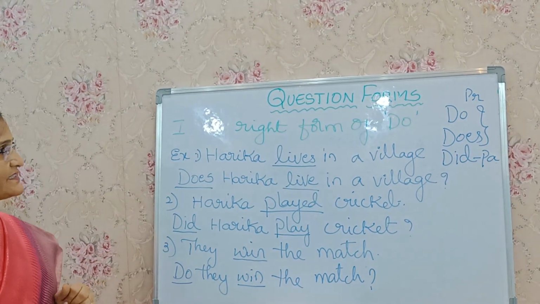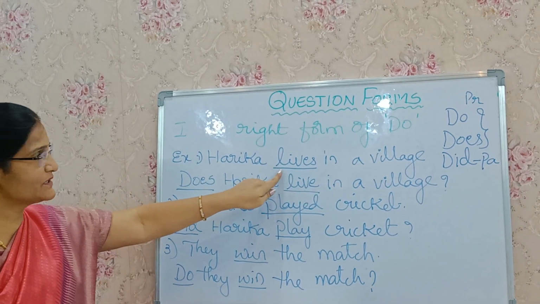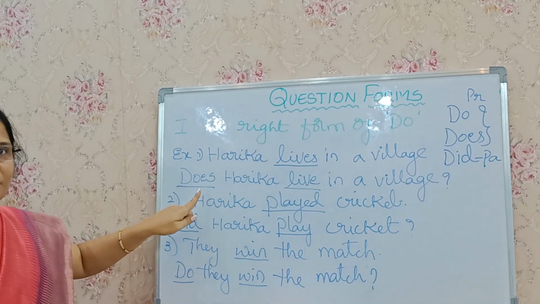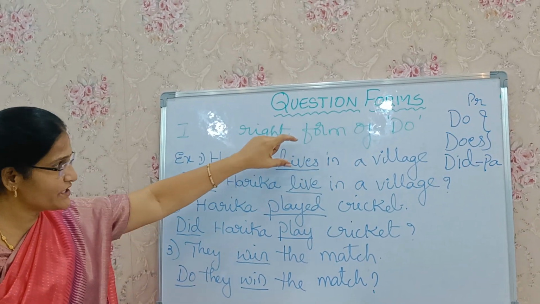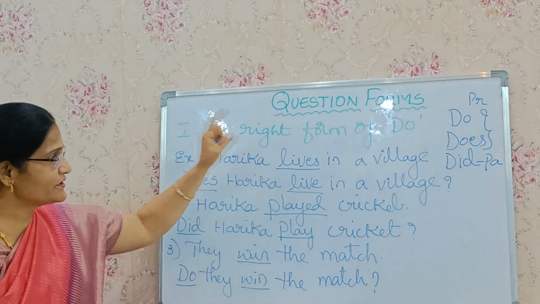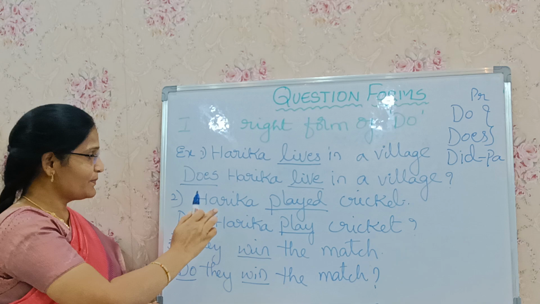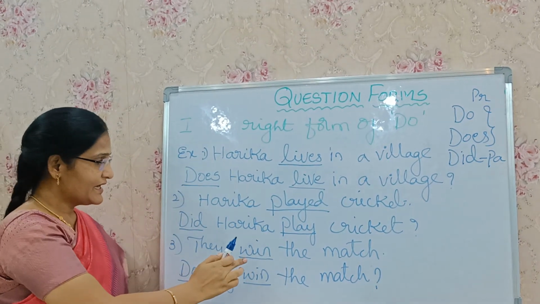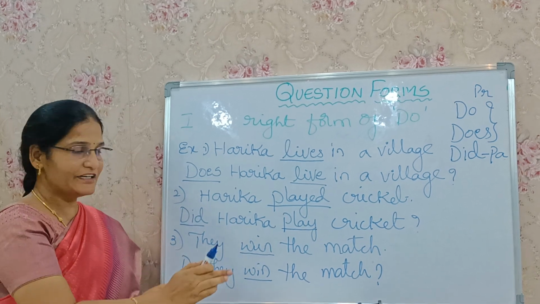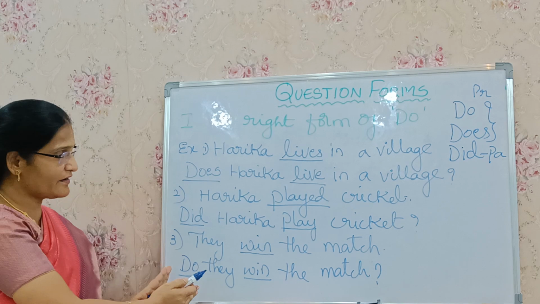Look at these three examples I have written here. If it is in the present, we have to use does and live; we have to change this singular verb into the plain verb. And here it is past, and accordingly the past form of do we have to use. And here, present tense with a plural subject, accordingly the plural form do we have taken.